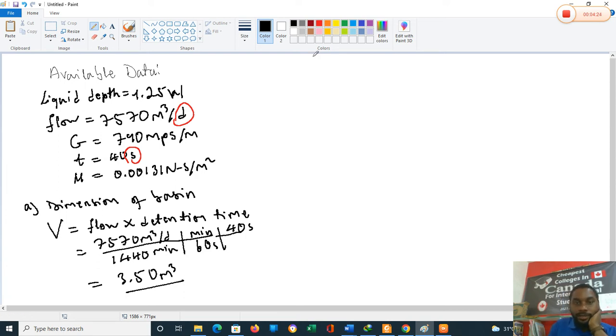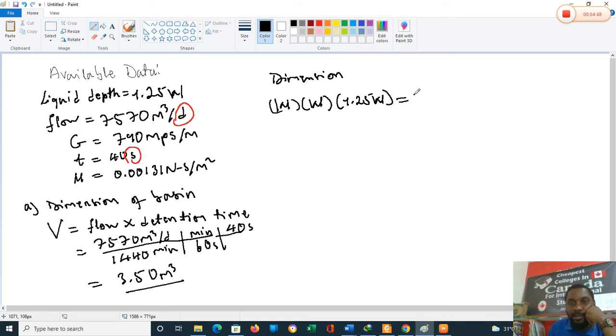We get straight away now to get the dimension. Remember, we're told that it's a square basin. Square basin meaning width times width, that's the area, times 1.25 times width, which is the depth, is equal to the volume, which we have already calculated to be 3.50 meters cubed.